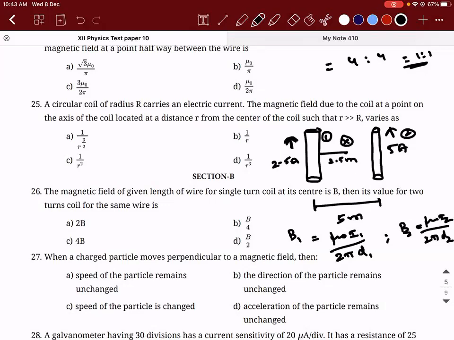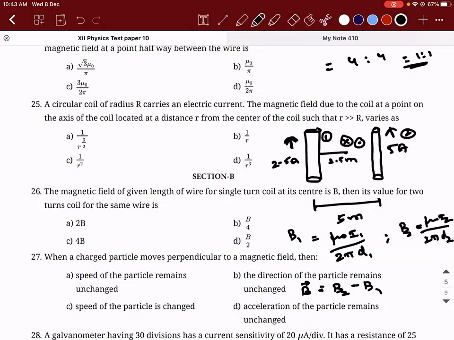Due to the second conductor, it is out of the plane. Correct? So by the principle of superposition, it should become B2 minus B1, because they asked only the magnitude.